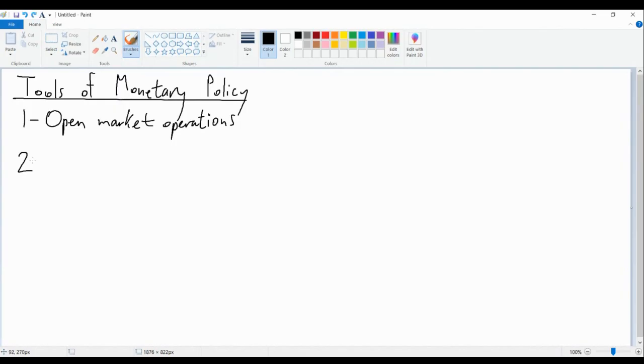From a long time ago, there's another thing that is a potential tool of monetary policy. Remember, when the Fed was created, its job was simply to be the lender of last resort. So that if banks needed a ton of reserves in an emergency, right?